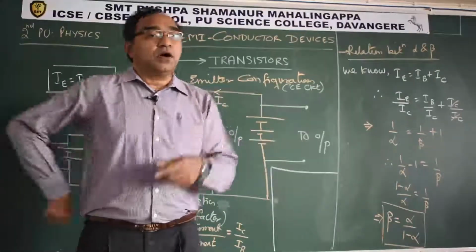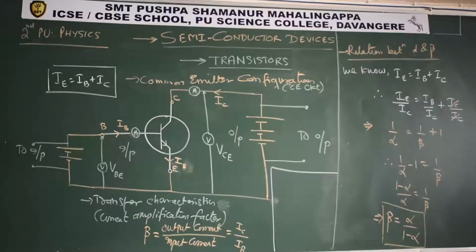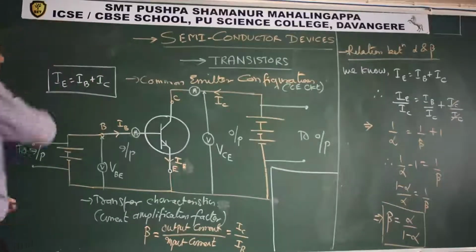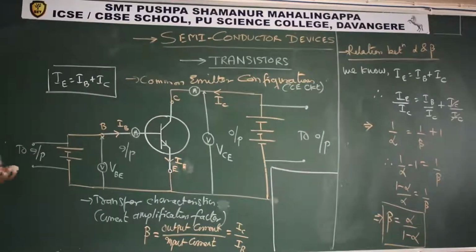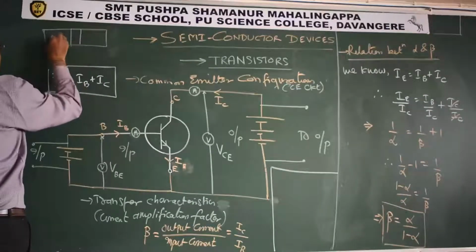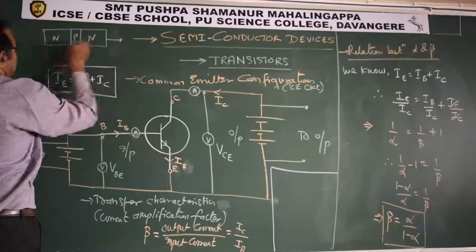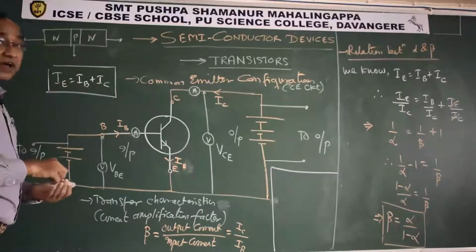It was because, okay, fine, just a small space here. I'll just try to reconstruct that thing. If you remember, we had something like this, NPN. I'll not draw the circuit diagram, I'll show you only the direction of the flow of charges.